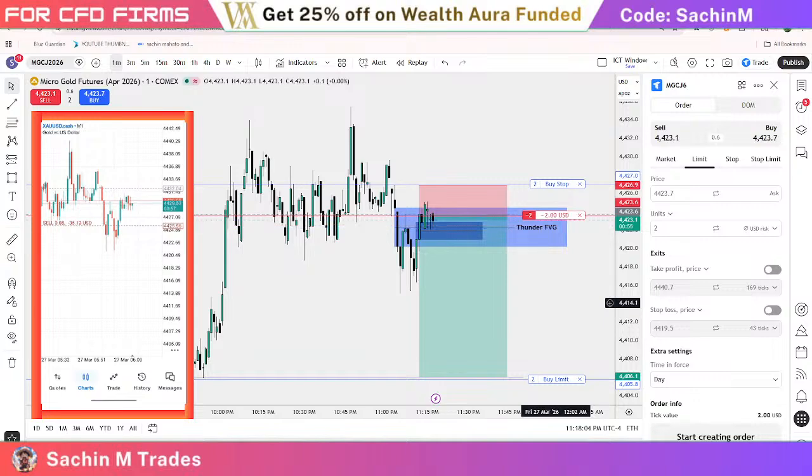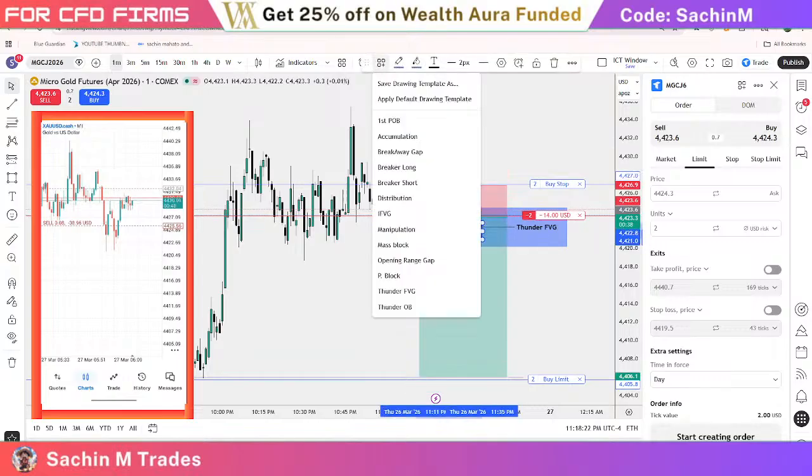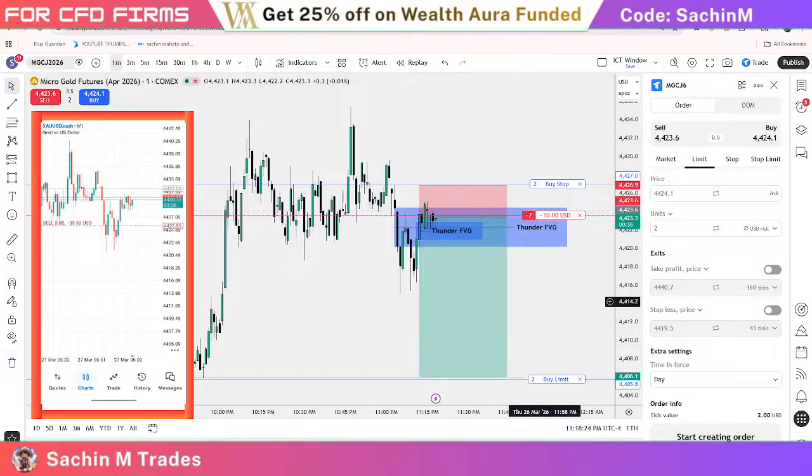We always lose our first trade. Mostly we always lose our first trade. But this fair value gap is holding very well, and that is my concern, because this is also our Thunder fair value gap, which is against our bearish Thunder fair value gap.